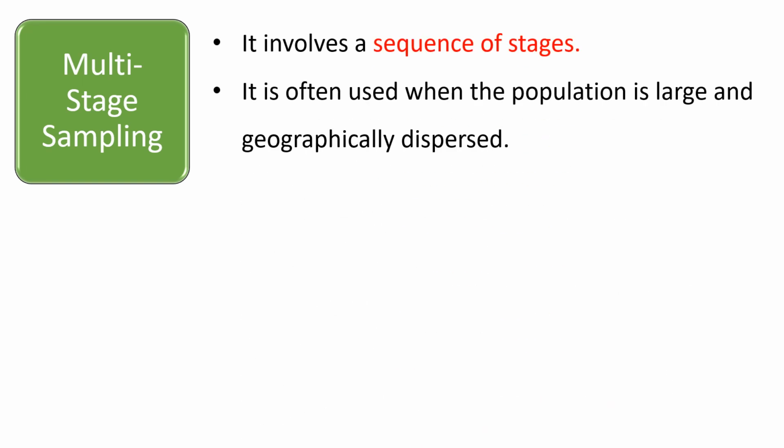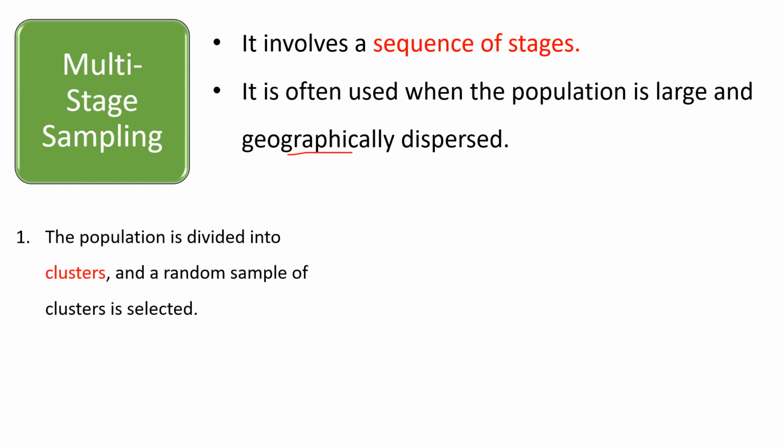Moving to the last type of probability sampling, that is multistage sampling. It is actually an extension of cluster sampling, an advanced version of cluster sampling. Multistage sampling involves a sequence of stages, as the name implies. It is often used when the population is large and geographically dispersed.